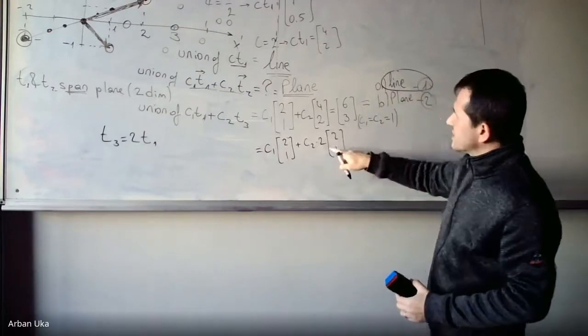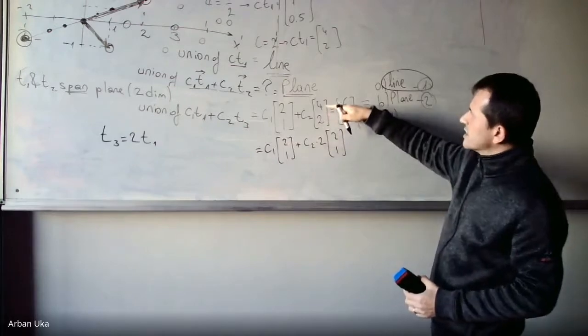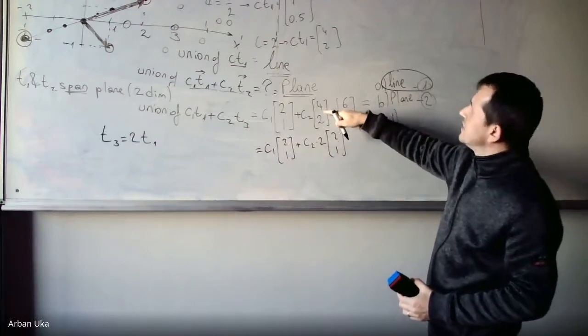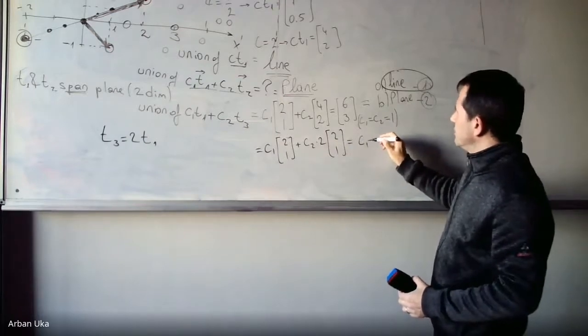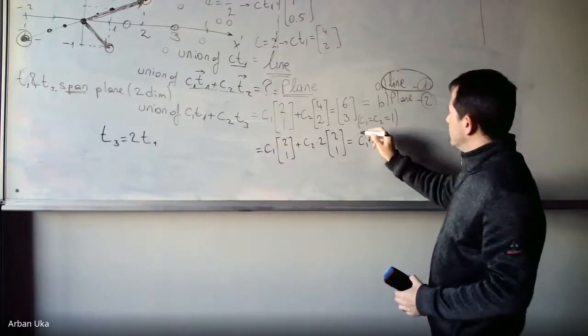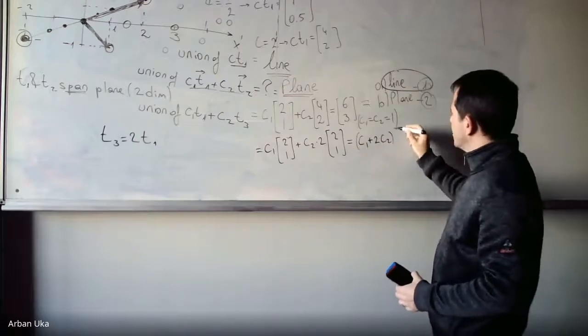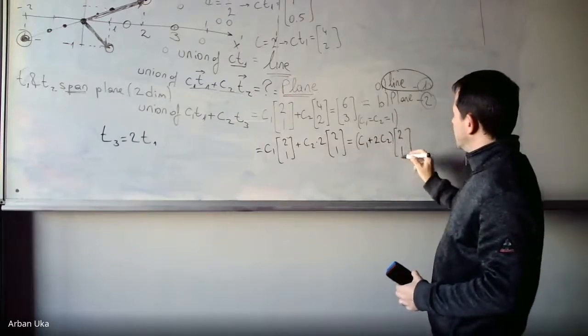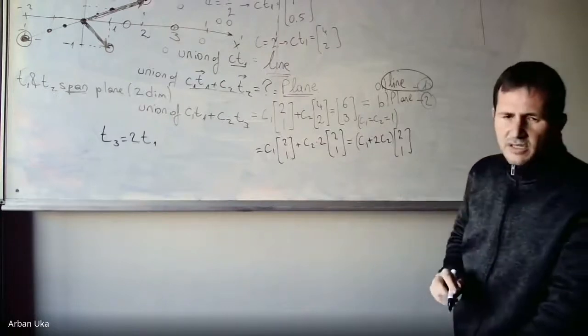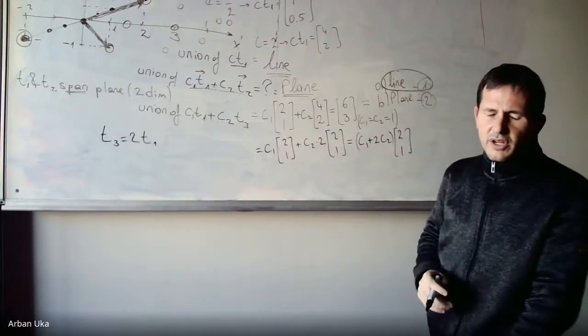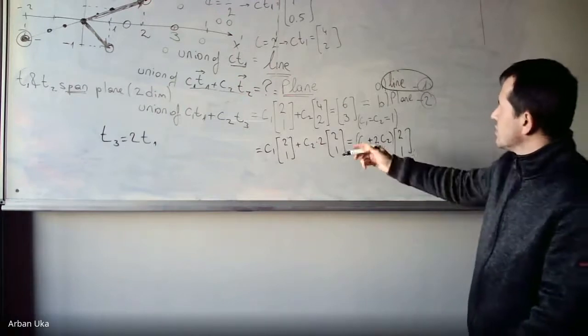Would you agree that this is the same thing? We just expressed the second vector T3 like this. And this would be equal to C1 plus 2C2, which are still constants, times 2, 1. We're fine, right? So this is still true. Now, the constants C1 and C2 are random numbers.